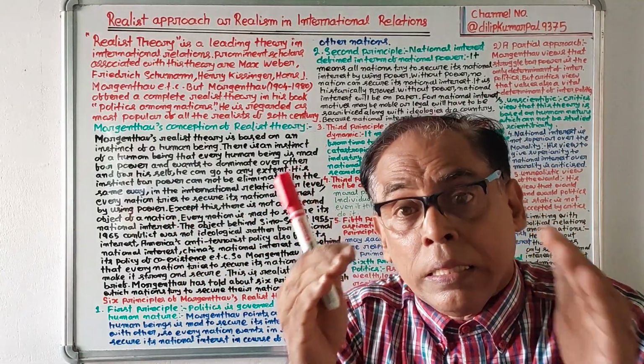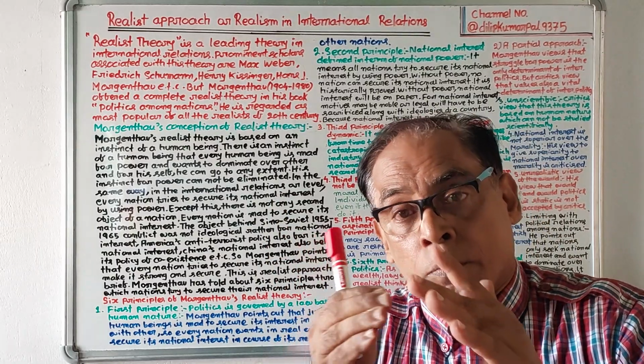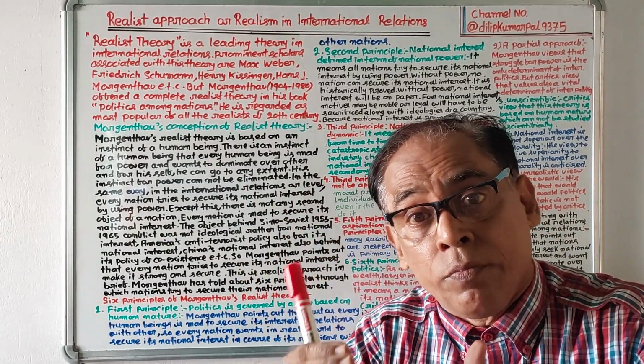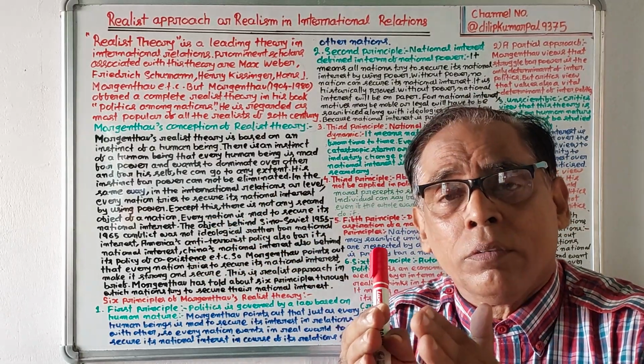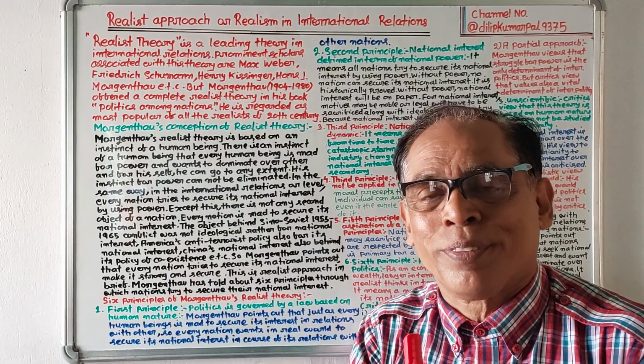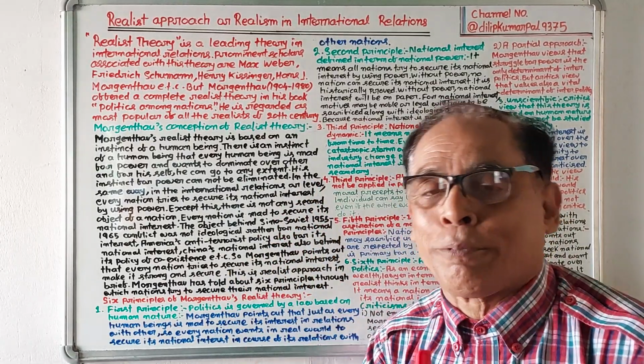Morgenthau told about realist theory in his book Politics Among Nations. Morgenthau says that the realist theory is based on a human instinct.